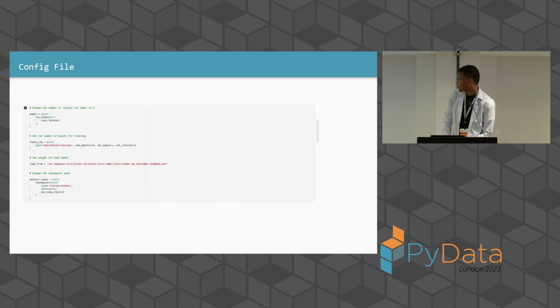And then load from. What load from changes is the base weights you intend to use. So in this case, we are making use of the TSN ImageNet pre-trained base weights as well.